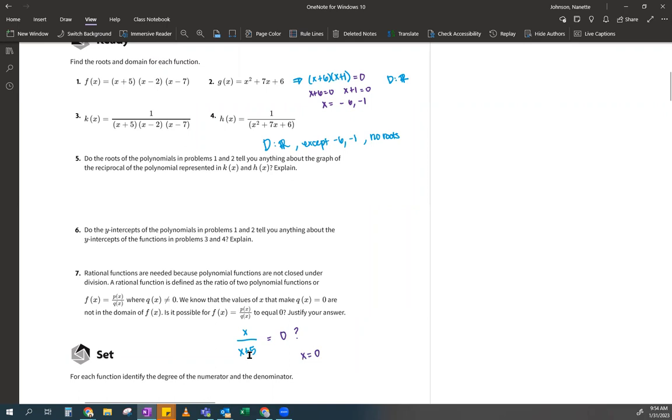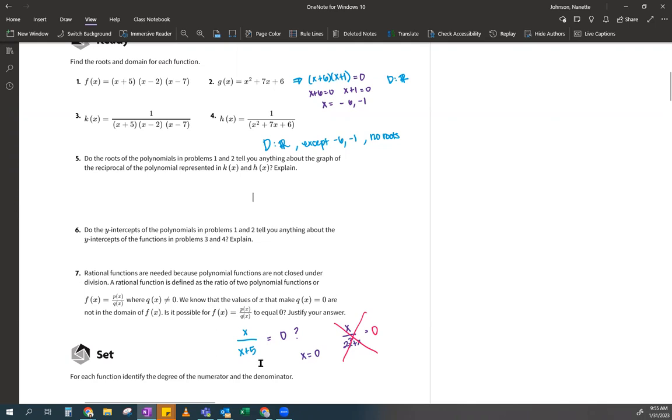You couldn't do x over 2x squared plus x, right? You couldn't do this one because then it would equal 0 and the domain restriction is 0. So this is not a good example because of your domain restriction, and your answer would make it equal to 0.